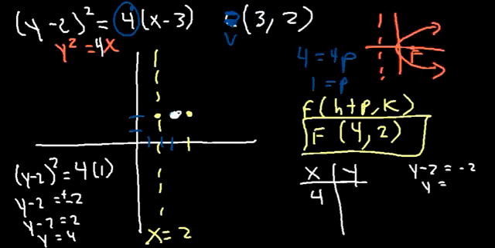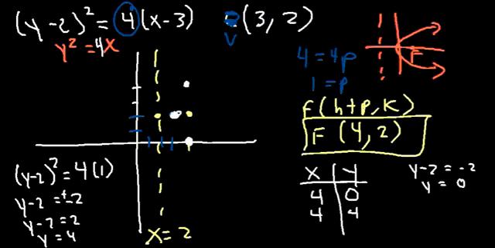And here, if we add 2, y is equal to 0. So that means when x is 4, y can be 0, and it can be 4. So 4, 0 is basically over here, and 4, 4 is over there.